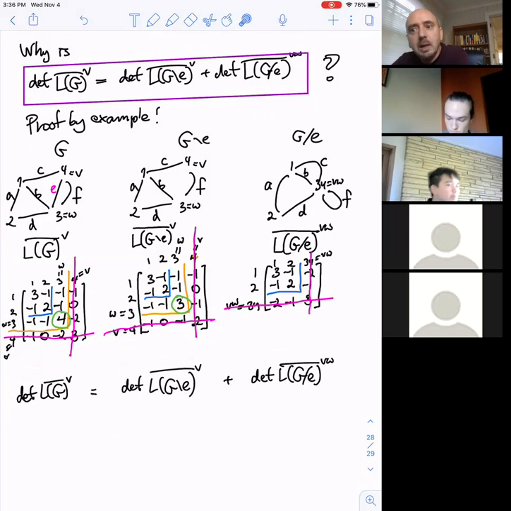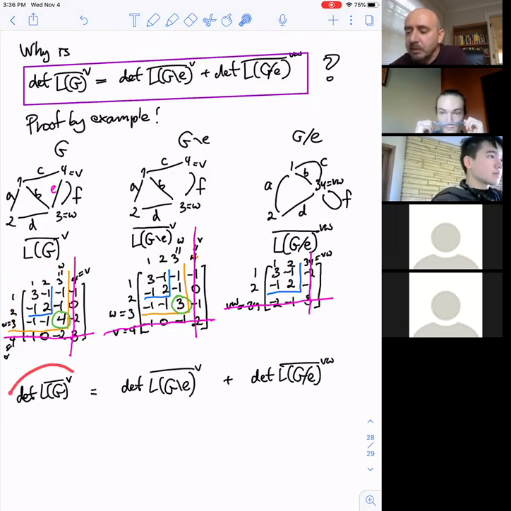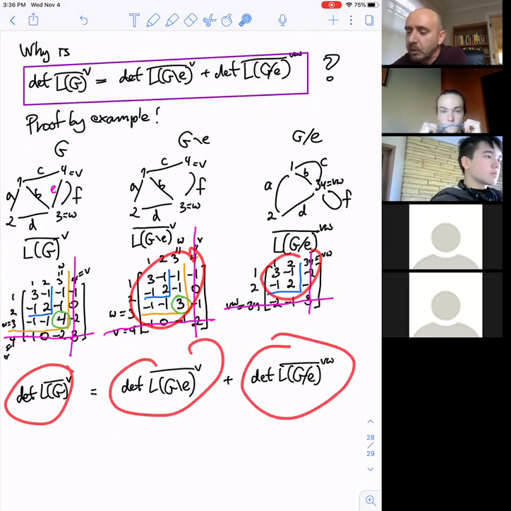And so I recommend that we pause for a moment. Nobody say anything. So let's think about it. How could I compute this determinant in such a way as to convince myself that it is equal to this determinant plus this determinant? That's what I want to do. I want to compute this one a certain way.